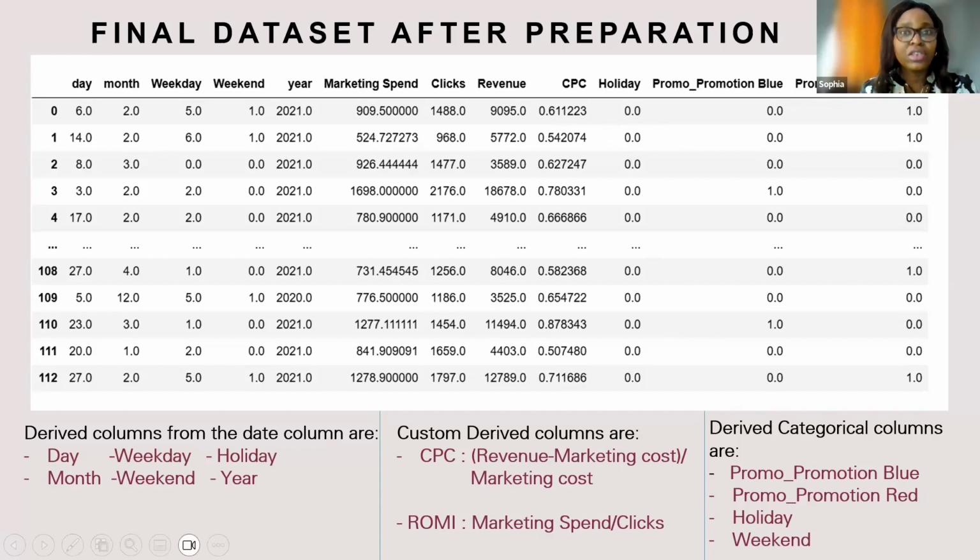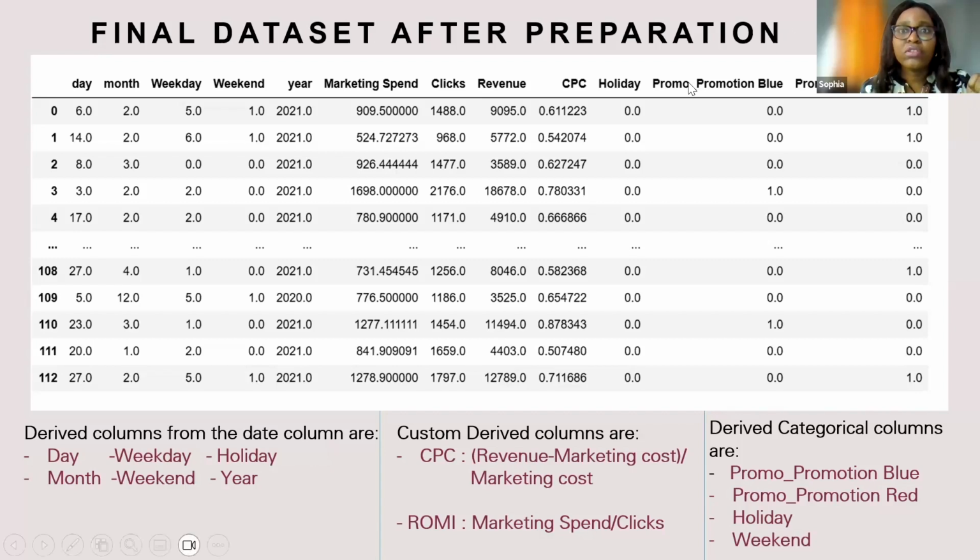Based on the dates, I was able to determine if that date was a holiday. Where you have 0, it means it's not a holiday, but where you've got 1, it's a holiday date. So it's a 0 or 1 column field.